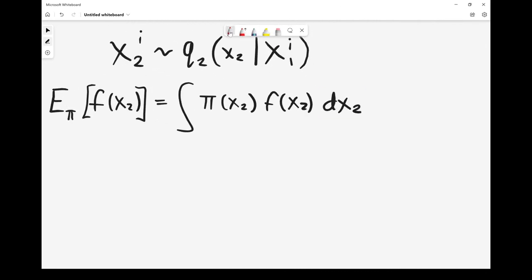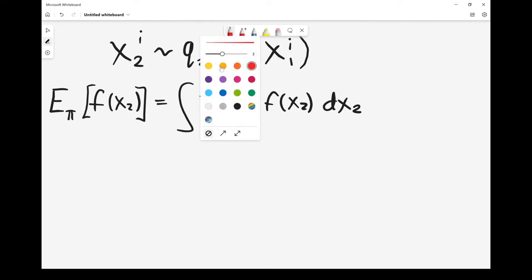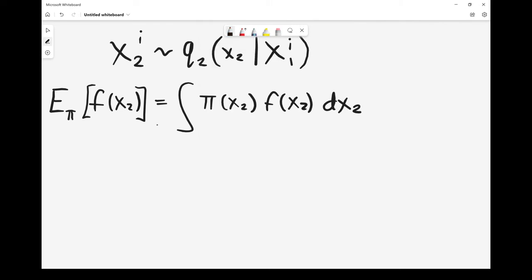So we're going to revisit this integral, and now we're going to use our knowledge of that. We've invented that joint distribution. We're noting that this is the same as this integral, and now I'm going to replace this pi of x2.